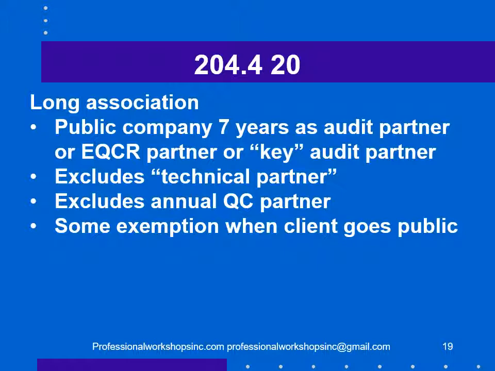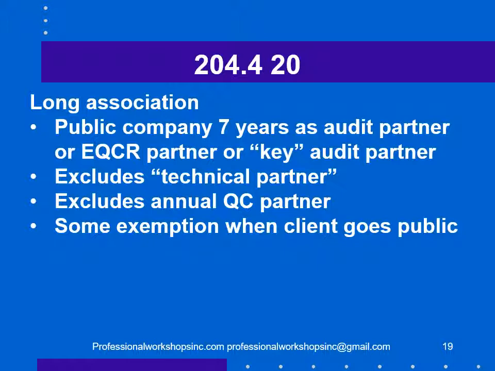Now, the rule includes a technical partner, in other words, a partner in national office that you consult for what the rules are on some complicated accounting matter. It also excludes the annual QC partner.